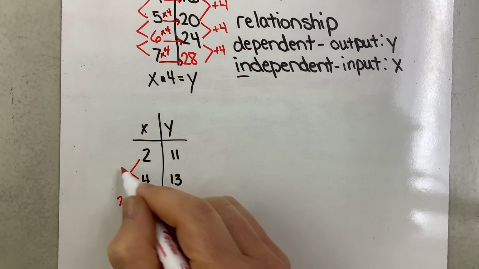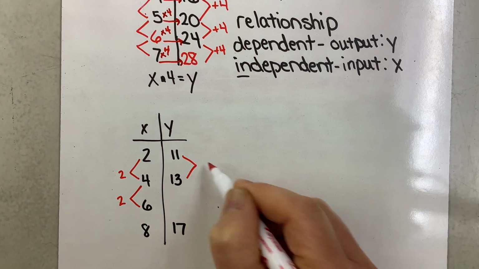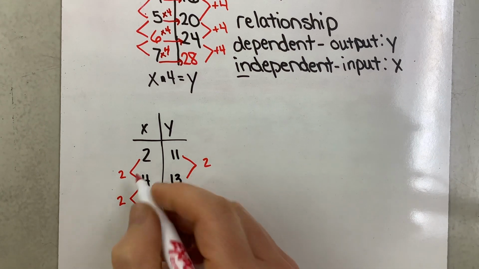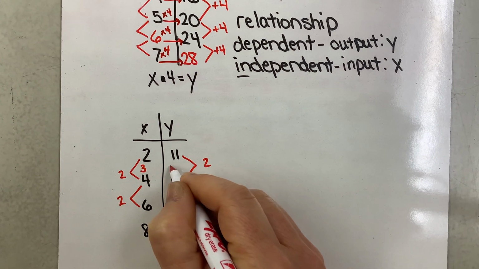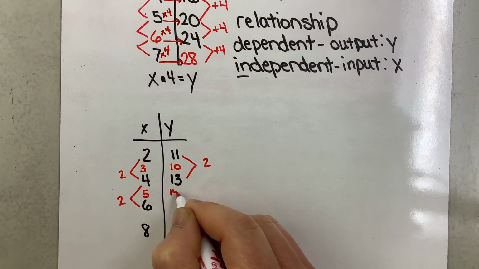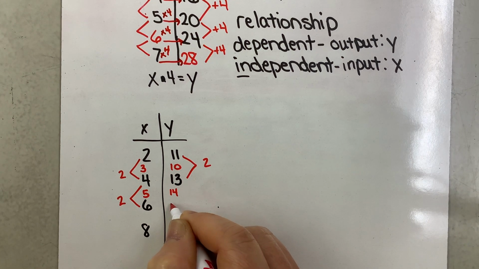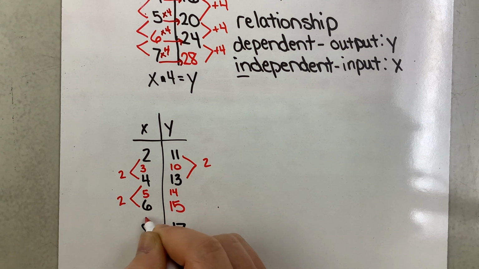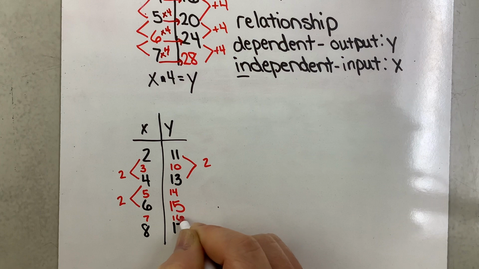Okay, so these are going up by 2's. This is also going up by 2's, so that means, well, 3 must have been 10, and 5 was probably 14, and 6 would be 15, and then 7 would be 16.